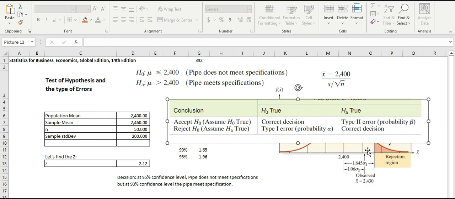For example, we reject the null hypothesis, let's say using the 1.96, and we rejected that one with a value of 1.71.